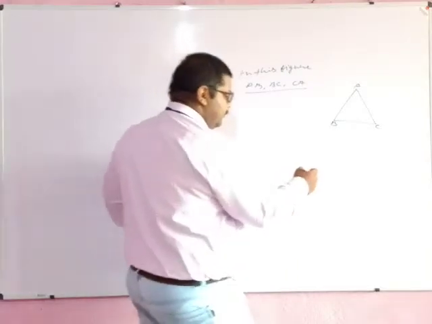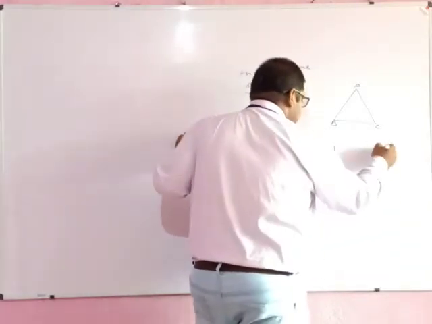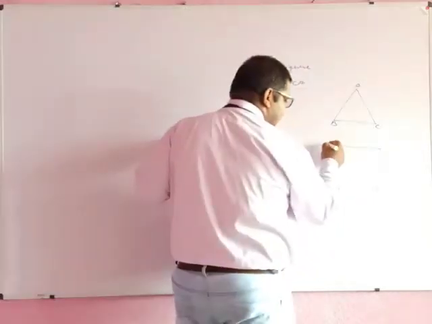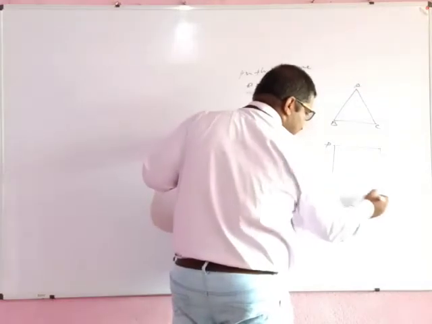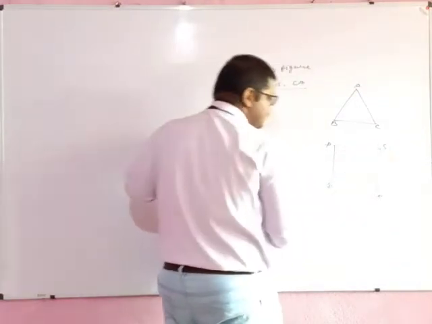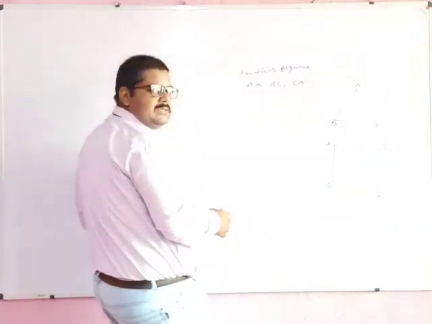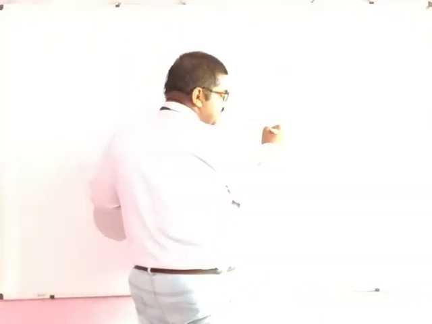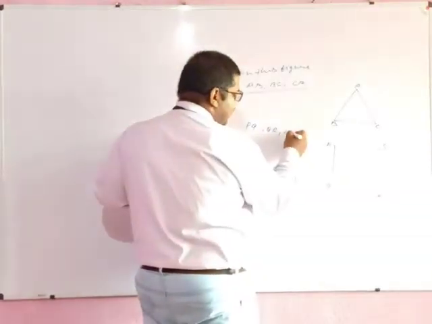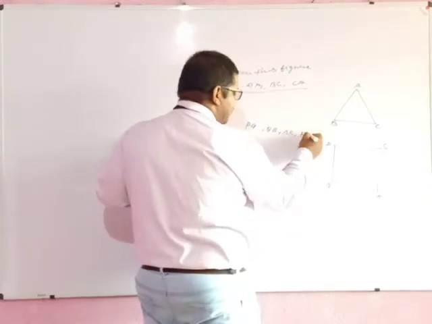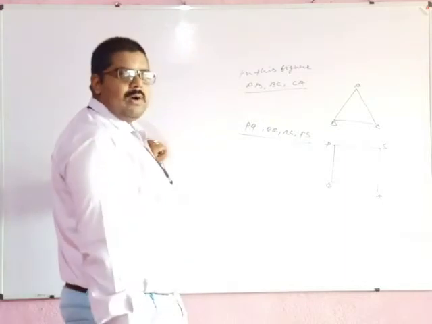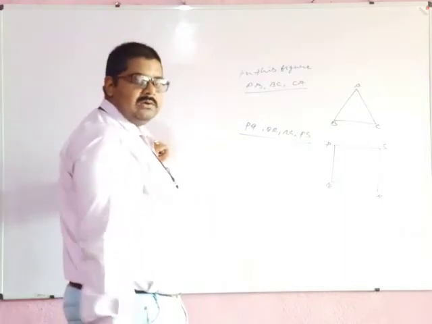Similarly, in the case of this polygon, if it is named by P, Q, R and S, you can just notice that PQ, QR, RS and PS, these four are sides of the quadrilateral or this polygon.